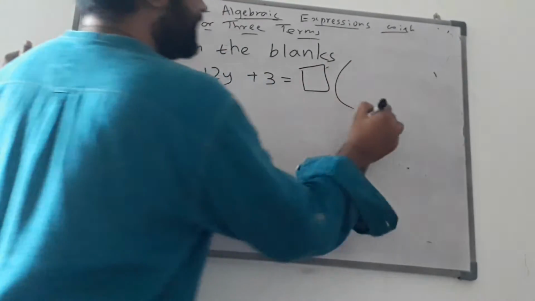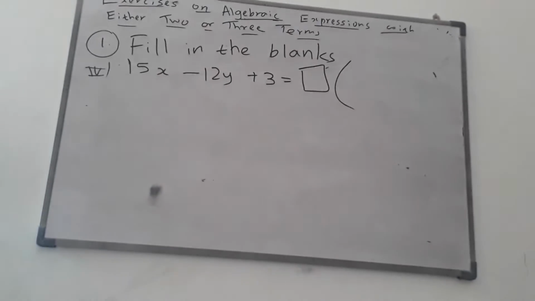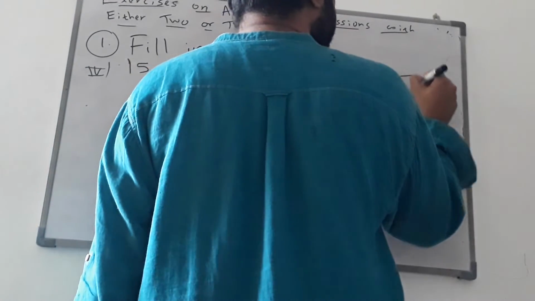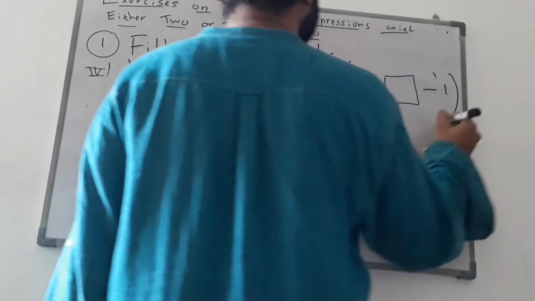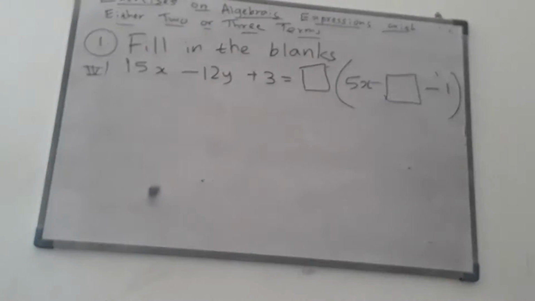Out of the bracket there is a space, times, within brackets there's 5x, then minus another bracket, another box, and plus 1. Sorry, not minus 1, plus 1. Yeah, plus 1.